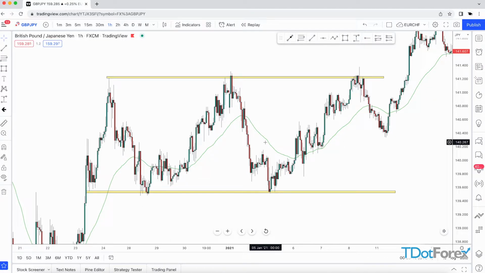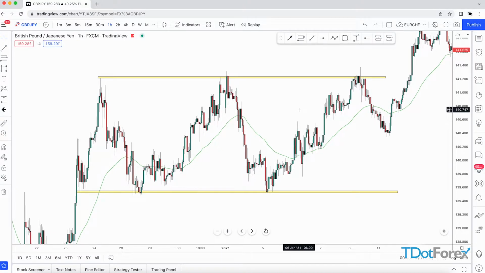The market consolidates about 75% of the time, or even higher at times, right? So instead of us waiting for a breakout or a large move, we can actually trade the ranges. And why not trade something that happens more often than not, right?